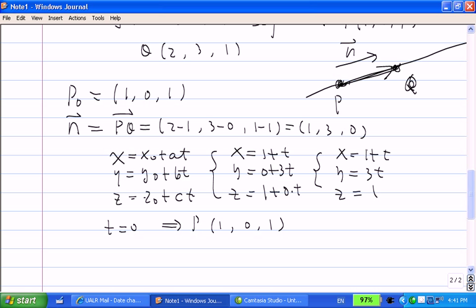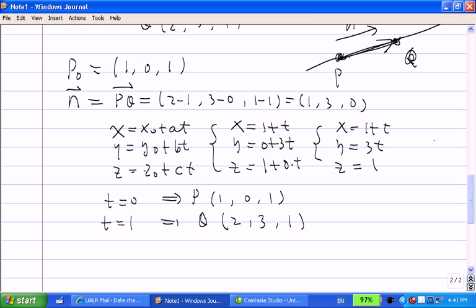That's exactly our point P. When t equals 1, you get x equals 2, y is 3, and z is still 1. There's no t in z, so z is always 1. That's exactly the point Q. So if you let your t be between 0 and 1, it gives you all the points on the line segment between P and Q.